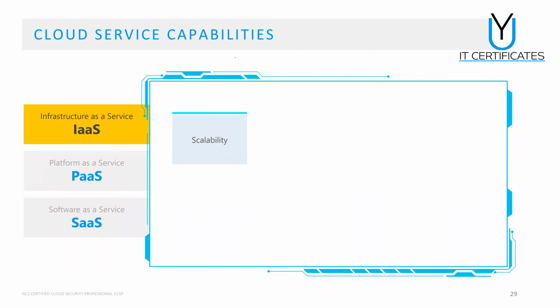Okay, what are the cloud service capabilities in IaaS, infrastructure as a service? This is the one where you are leasing hardware devices, servers, network and so on, with scalability. I think this is very clear.